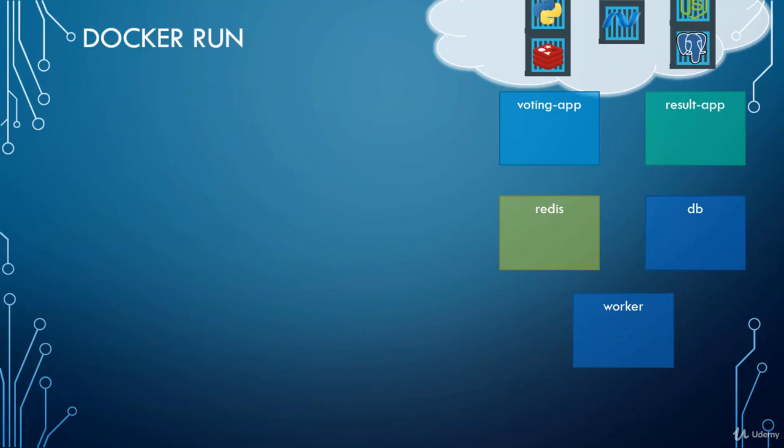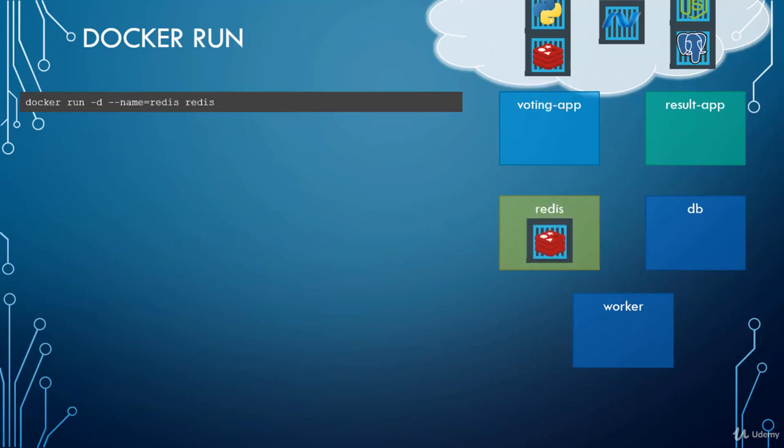Let us start with the data layer. First, we run the Docker run command to start an instance of Redis by running the docker run redis command. We will add the -d parameter to run this container in the background, and we will also name the container redis. Now, naming the containers is important. Why is that important?